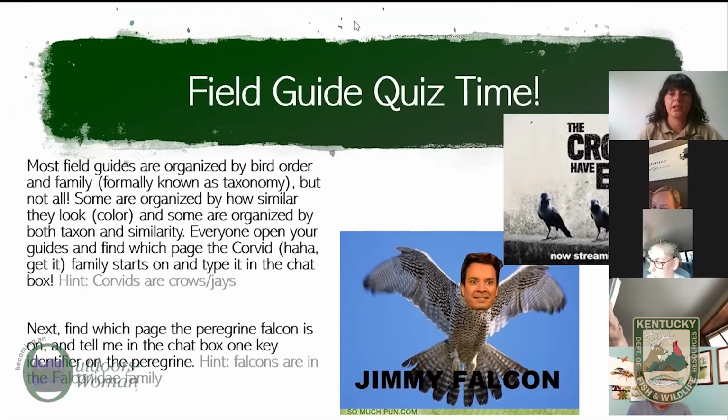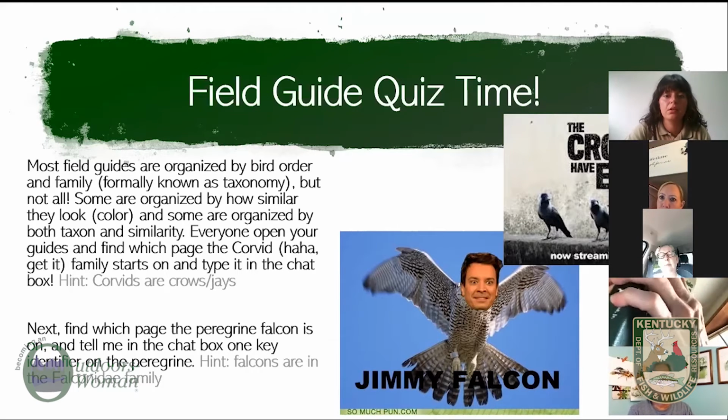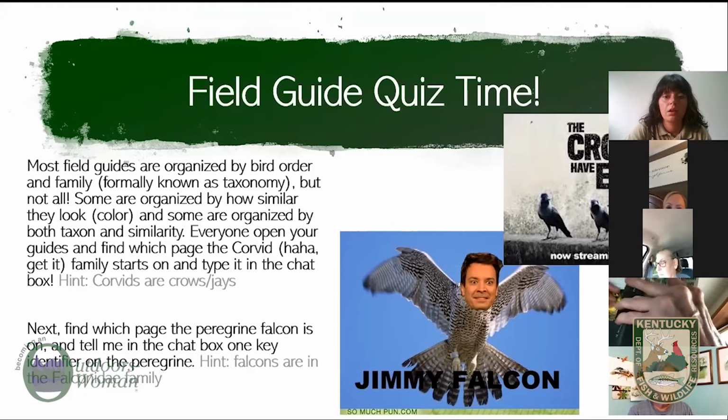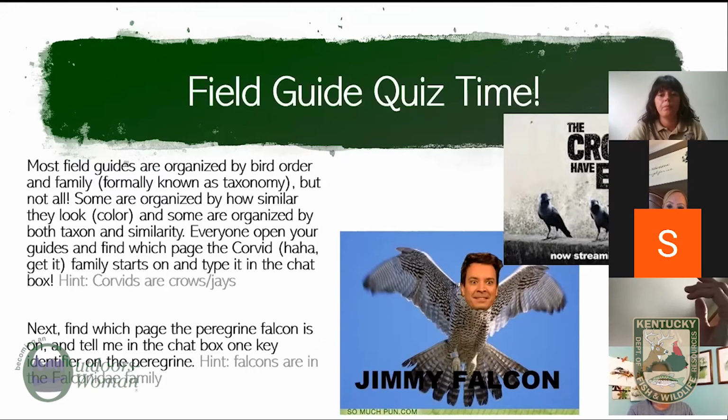We'll just take a couple seconds. All right, 579 for Joanne. Joanne, which field guide? You have Audubon. Okay, you have an Audubon one. Great.